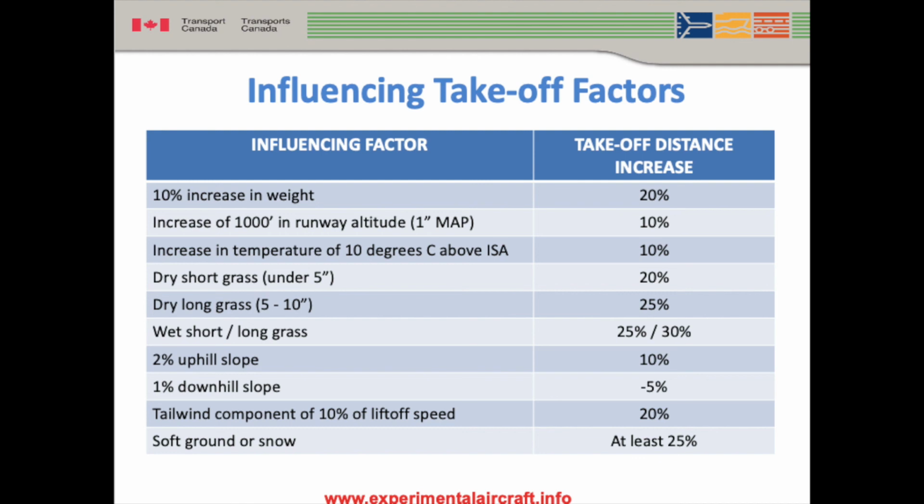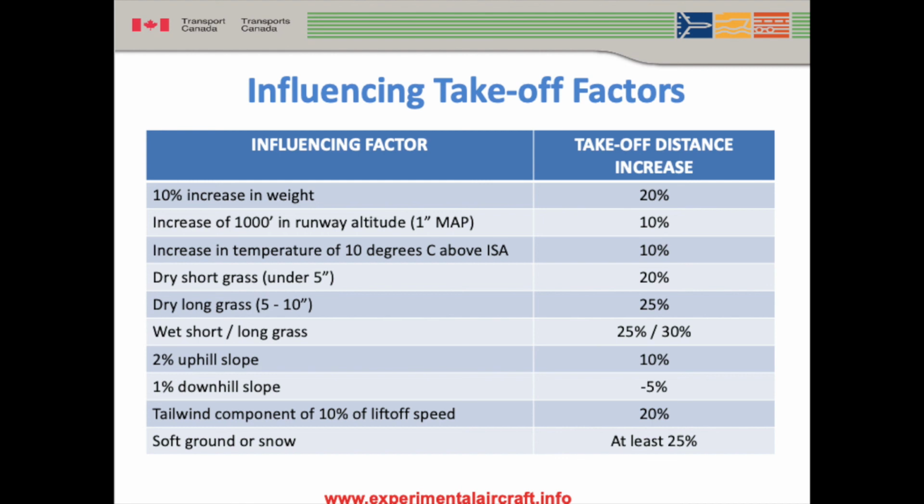If you have a 10% increase in weight from your regular flying, you're adding 20% to takeoff distance. If your runway is 1,000 feet higher than usual, 10%. If you have a 2% uphill slope, 10% increase.